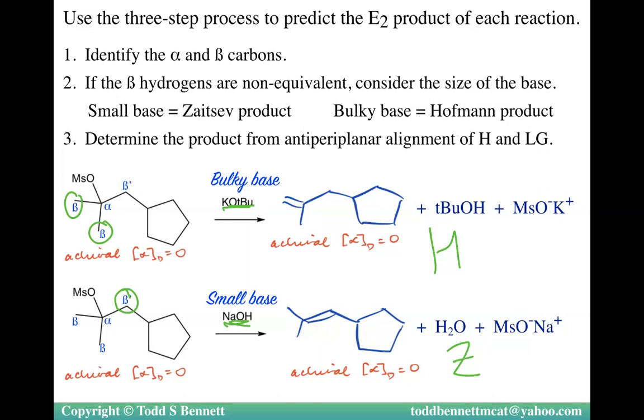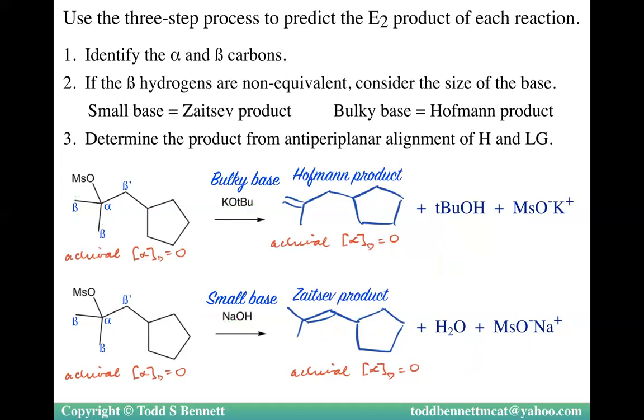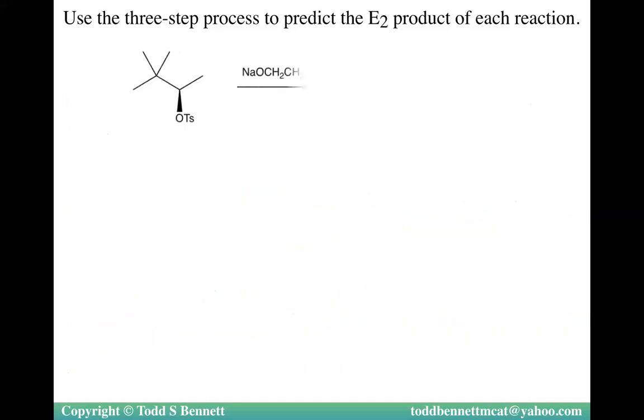Okay, time to play some more. Time for you to give these a shot. Hofmann product, Zaitsev product. So decisions you have to make. How big is this group? So CH2 with a CH3, and keep in mind, it's three-dimensionally big that I'm concerned with. CH3, that's going to get in the way, but H's, not so big.